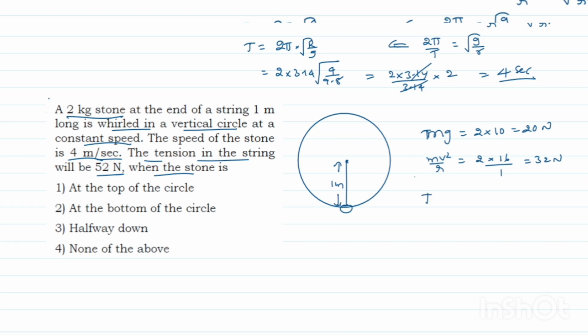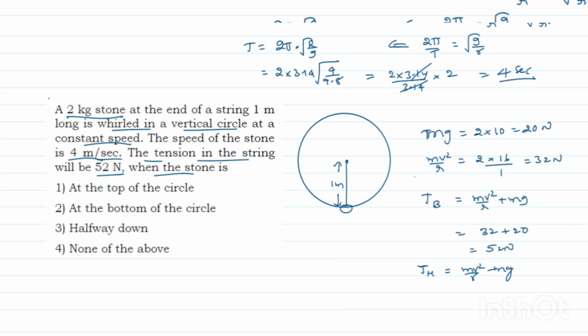So tension at the bottom is mv square by r plus mg. The mv square by r value is 32 plus mg is 20, which is nothing but 52 newtons. Tension at the highest point, at the top of the circle, is mv square by r minus mg.